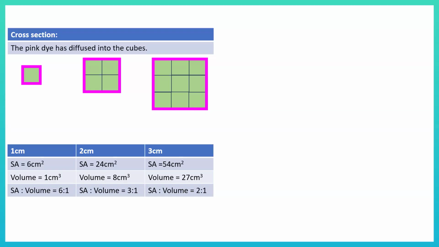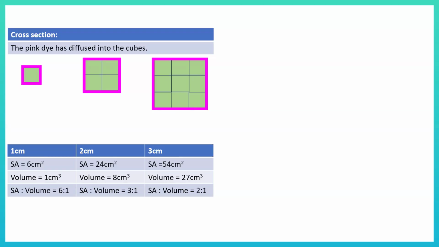But if you imagine we deconstructed this, and rather than having it as a 3 by 3 by 3 cube, we flattened them all out, so we had just one big flat rectangle, that would massively increase the surface area. And if we separated out all the individual 1 centimeter cubes that were making up this big cube, that would be an even greater increase in the surface area.